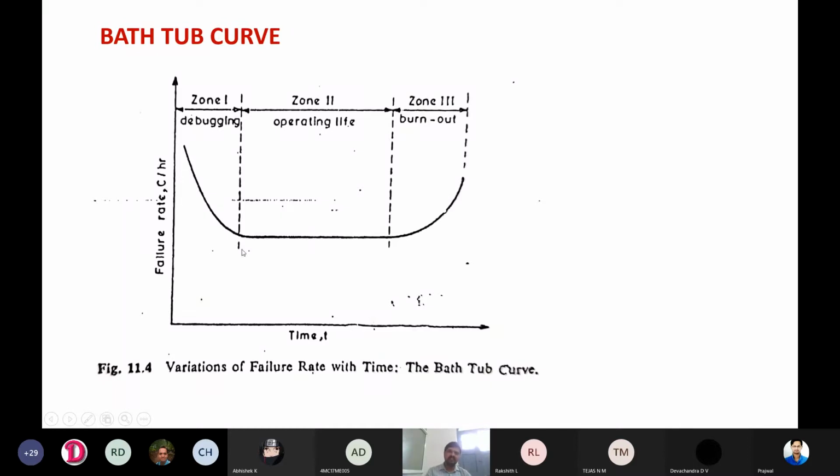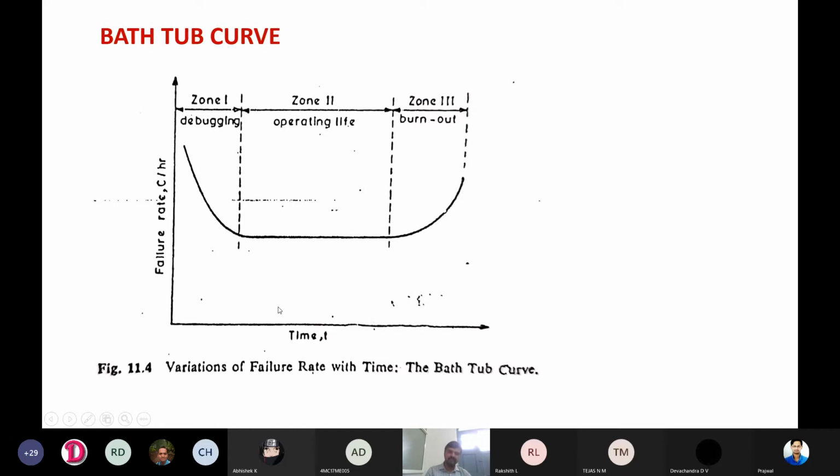Failures during operating life may occur because of various reasons, some can be identified and some may be because of unknown reasons. Burnout failure is because of wear out of the product, because of rapid usage or over usage of the product.